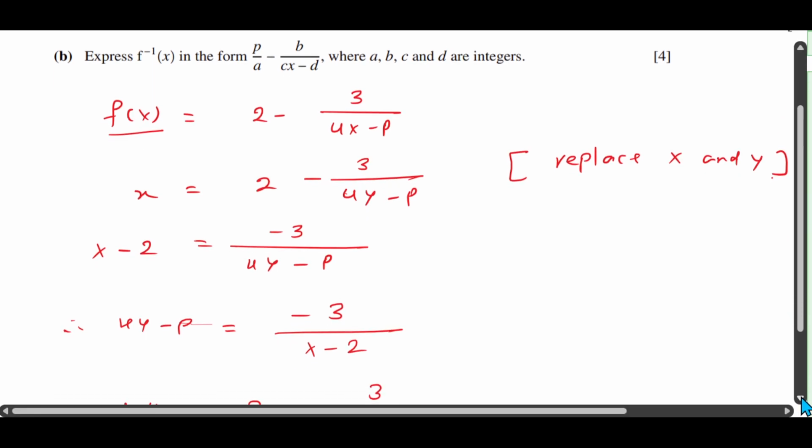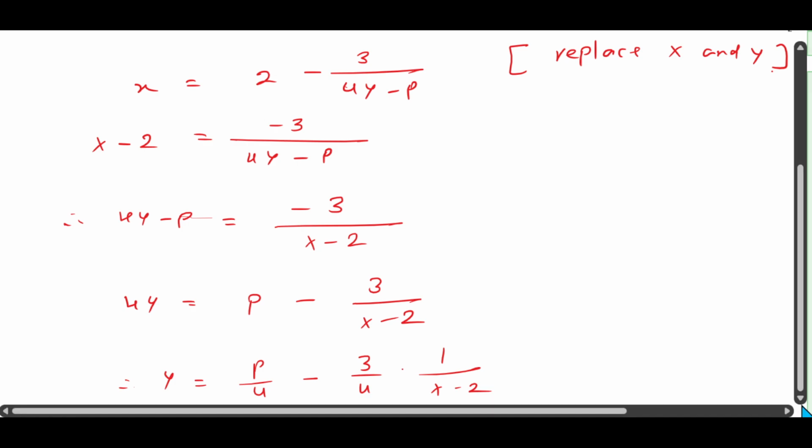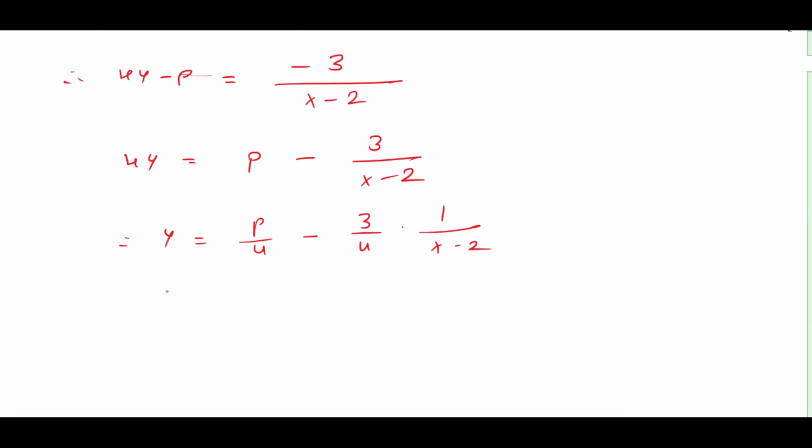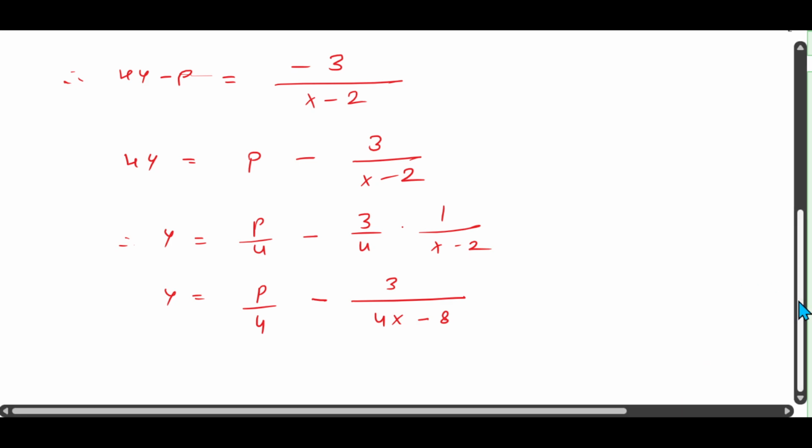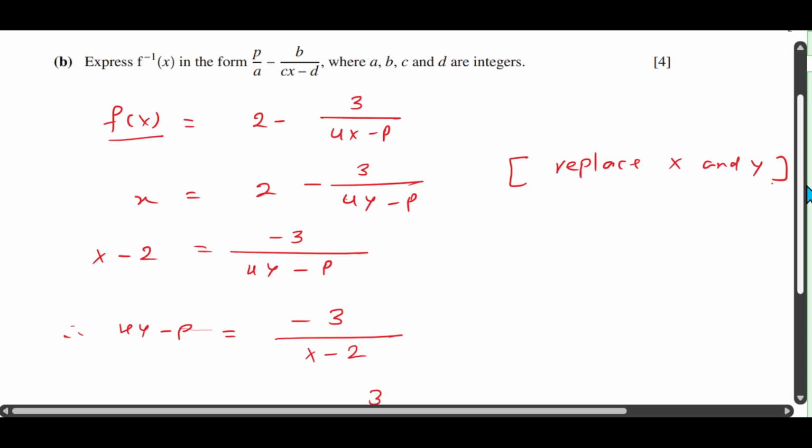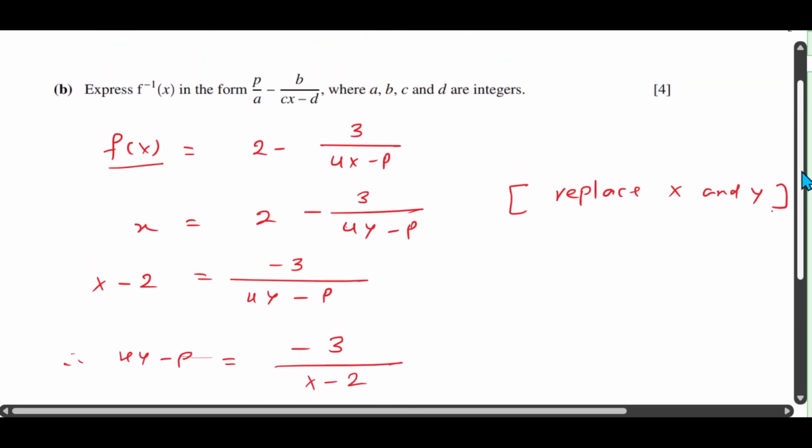So y is equal to p divided by 4 minus 3 divided by, here 4 I will multiply by x, it is 4x minus 8. So you have written this function in the form p divided by a minus b divided by cx minus d, where a, b, c, d are integers.